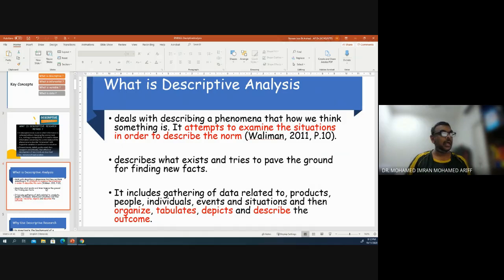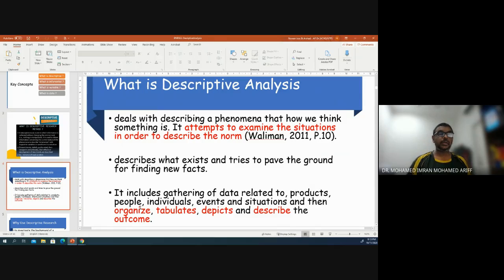Okay. It includes gathering data related to products, okay, people, individuals, event, situation, and then organize, tabulate, depict, and describe the outcome. Okay, so product pun boleh. You can gather data about product. You want to know types of mobile phone in Perak. So you just want to know who owns what.